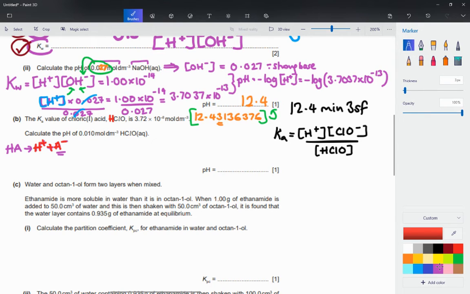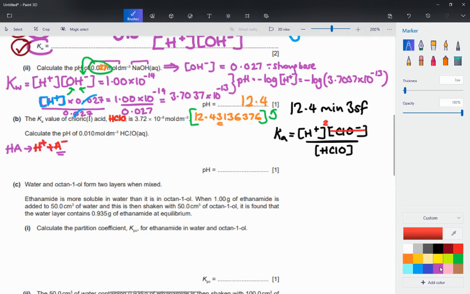So in this situation over here, for every H plus you'll have a ClO minus. So these two can be collapsed. We can just take that away and simplify it. And that actually makes things a little bit easier.